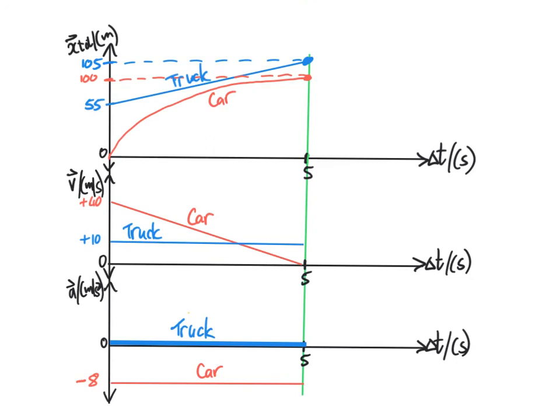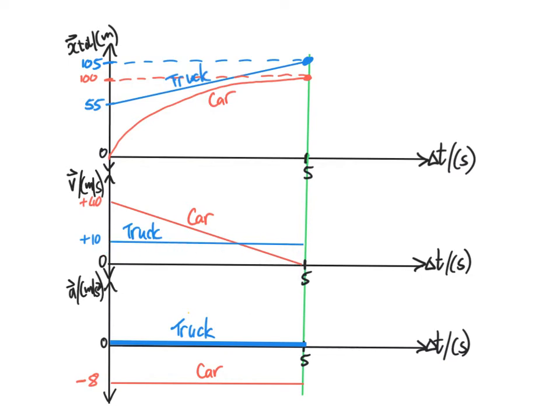Looking at the graphs, the truck travels at 10 meters per second consistently over 5 seconds. So its acceleration is 0 meters per second squared. The truck goes from 55 meters to 105 meters. It has a straight line for its position versus time graph. Remember, that's because its velocity is constant.